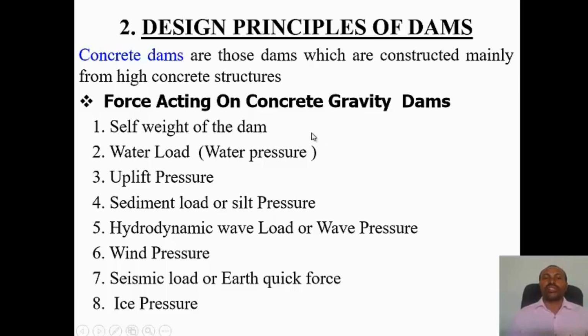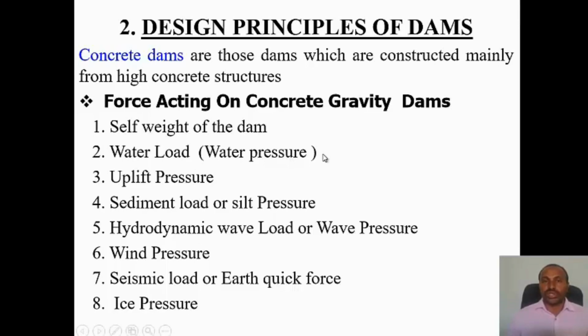So what are the main forces acting on concrete gravity dams? These are the main forces which are acting on a concrete gravity dam. The first one is self-weight of the dam, which is dead load. The second one is water load or water pressure.